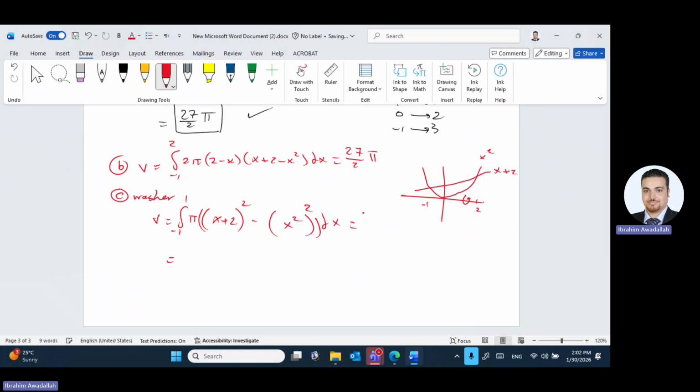Let me check if the answer is correct or not. The integration from -1 to 2, this would be a wrong answer if I keep it like that.